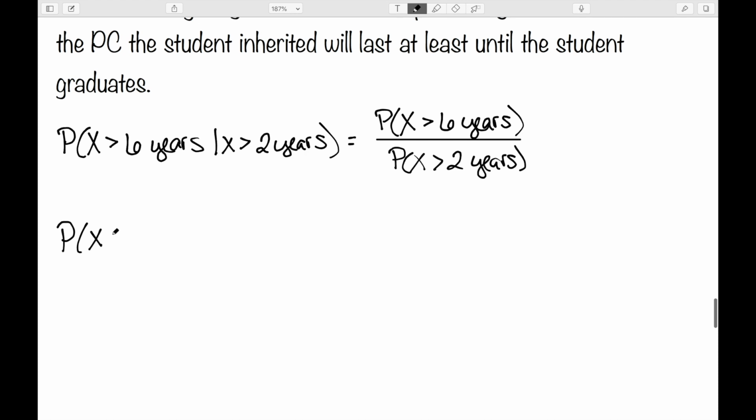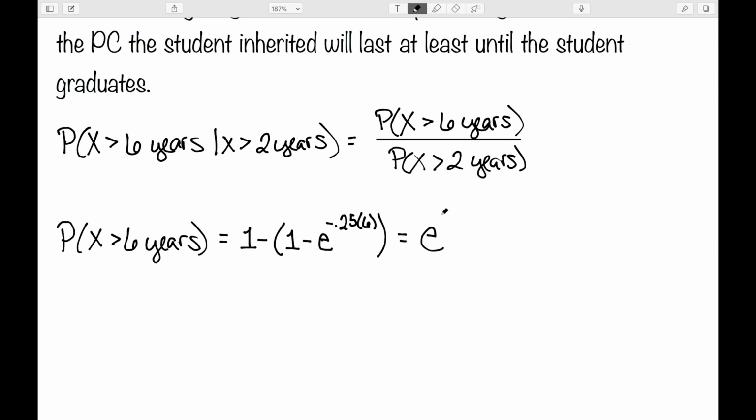Let's start with the probability that it lasts for more than 6 years. Well, the probability that it lasts less than 6 years would be given by the CDF. More than 6 years would be 1 minus the CDF, which is 1 minus, 1 minus e to the minus lambda times x, which simplifies to e to the negative 0.25 times 6.